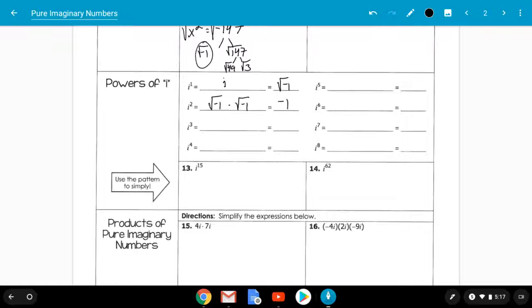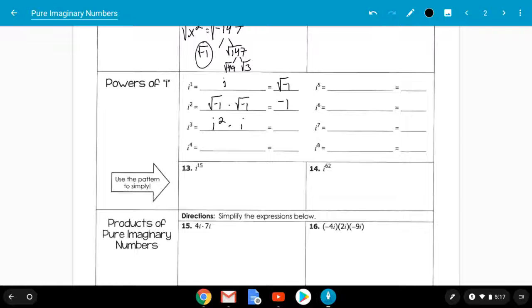What's i cubed? Well, wouldn't you say I can rewrite i cubed as i squared times i? Right, because remember the properties of exponents, when I have the same base, which in this case is i, I can add the exponents.